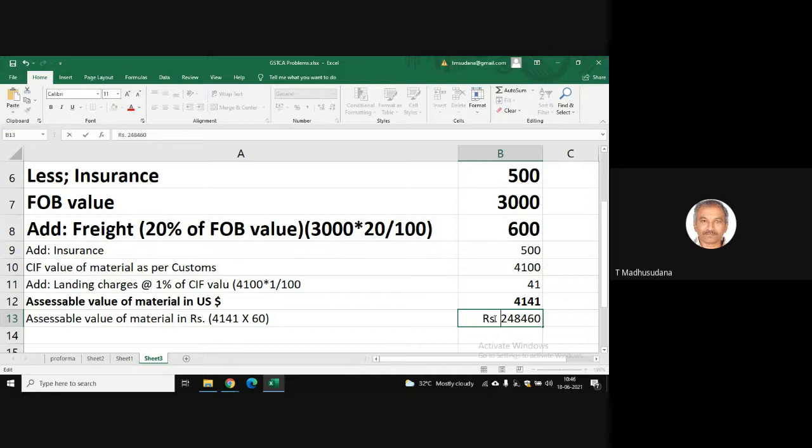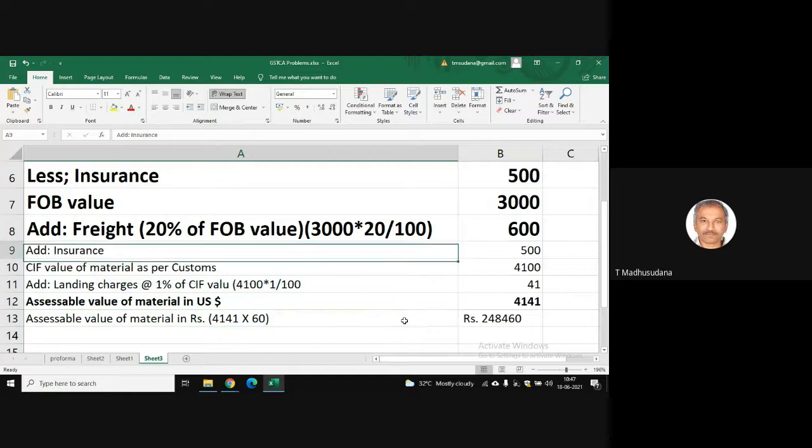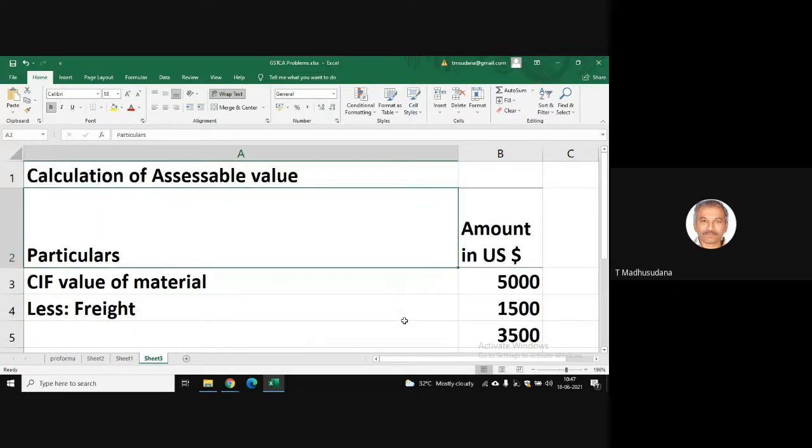This problem is completely different from the previous problem. In the previous problem, we were given the factory price of the material, and for that we added different expenses so as to determine the FOB value. But in this problem, the value of material is given as the CIF value, so the importer has purchased the material at CIF value.